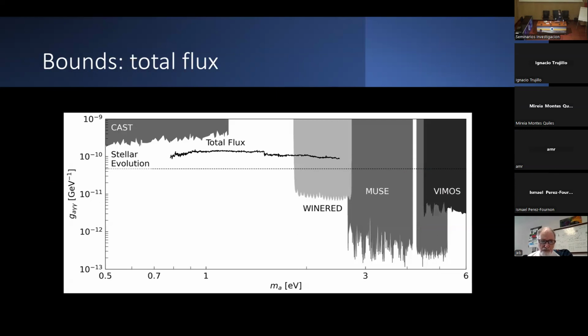5 minutes, okay. So in this case, again, coupling as a function of the mass. This is what I get with one observation, just diffuse emission from GN-z11. And I'm not making an assumption on the astrophysical background. I'm just asking, can I explain the entire flux that I observe by saying it's dark matter?